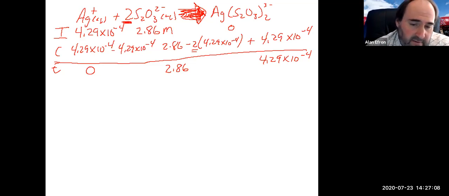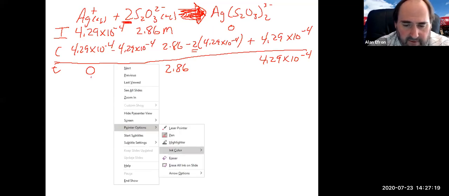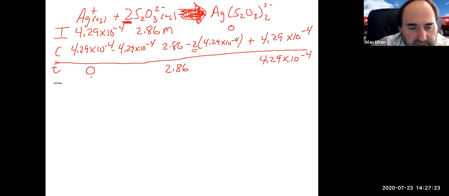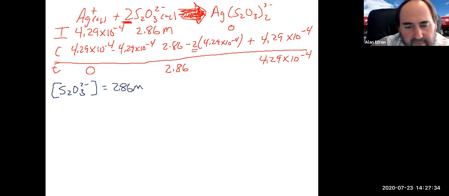Now, from this first ice table, we actually solved for a couple of pieces of information. We have solved for the concentration of our ligand, which I think was one of the things they were asking for, maybe not, is a concentration of 2.86 molar, again from here.